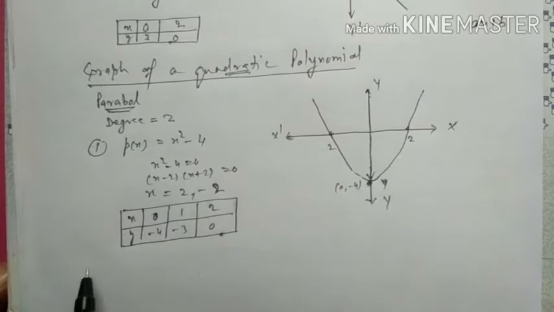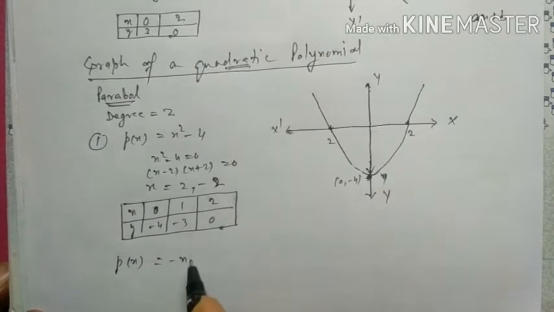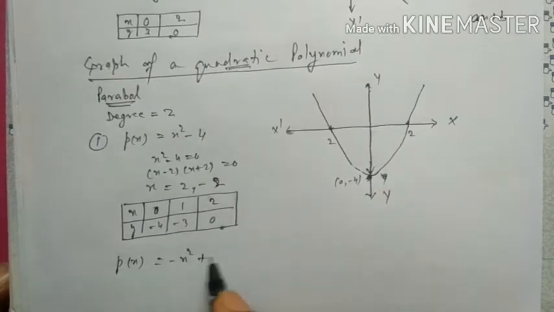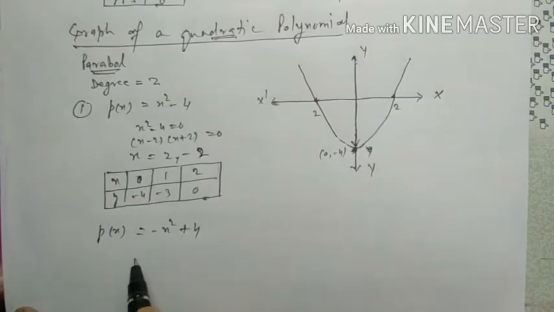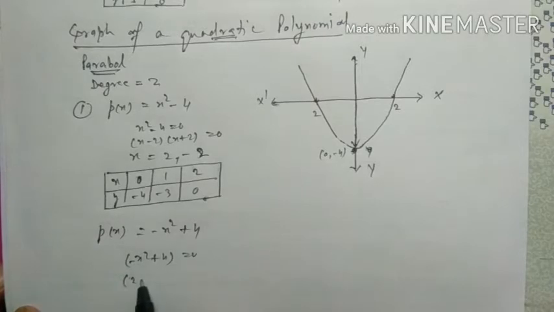And secondly, take another polynomial p(x) equal to -x square plus 4. Then we find its zeros. So we will get -x square plus 4 equal to 0, so (2 plus x)(2 minus x) equal to 0.